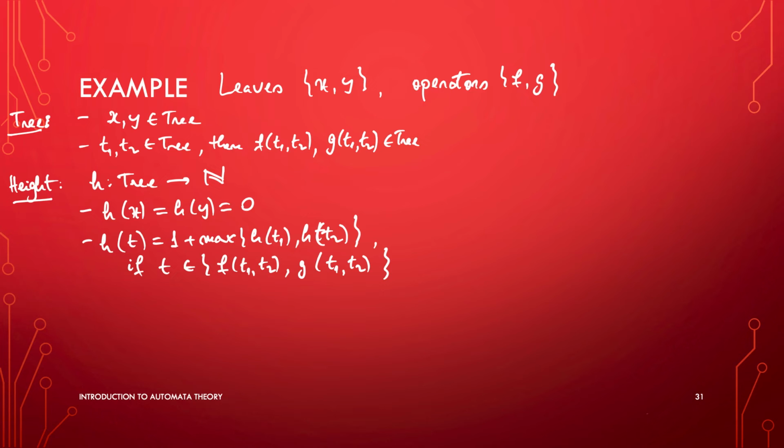And in this example I'm also going to define the size of a tree. The size of a tree is supposed to count the number of nodes in a tree.